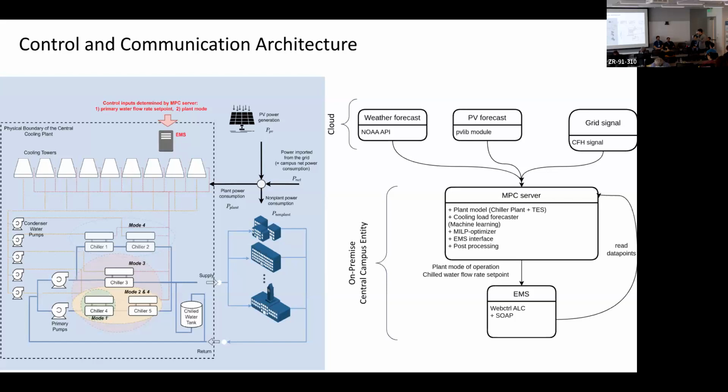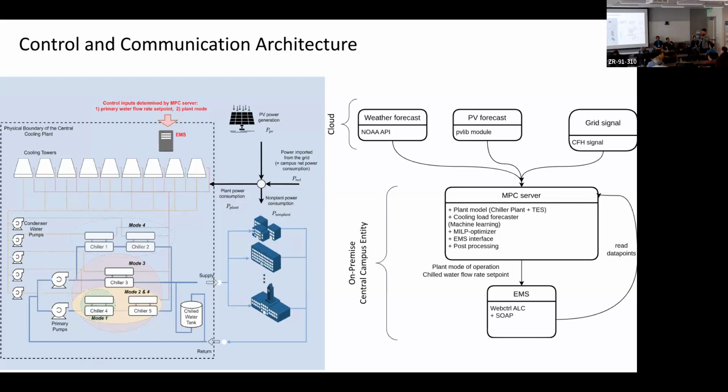Just a quick summary: we are reading the weather forecast data from a weather station, and using that information, we forecast the chiller plant campus cooling load. We are also utilizing the so-called PV library to forecast the on-site PV generation, and getting a dynamic grid signal, in our case, a Carflex signal.